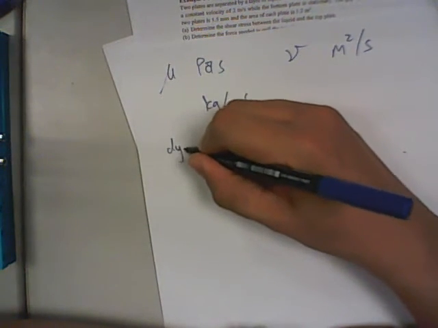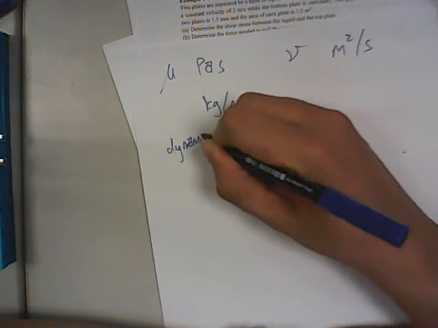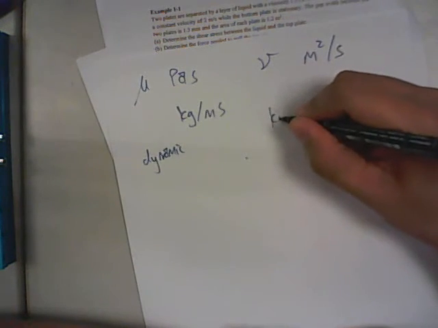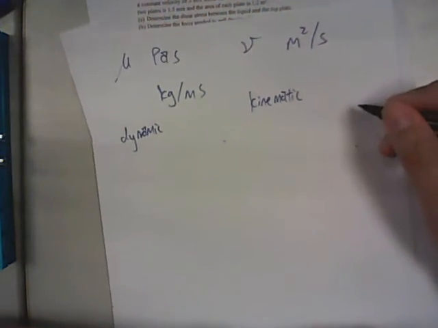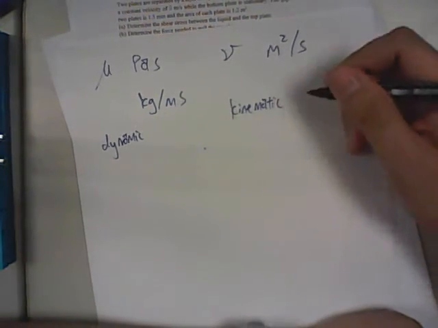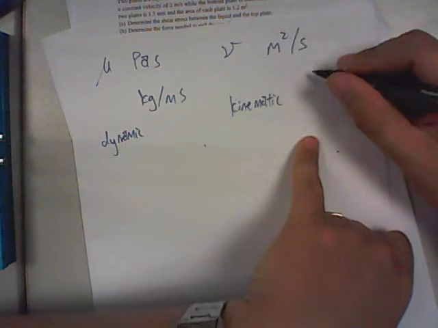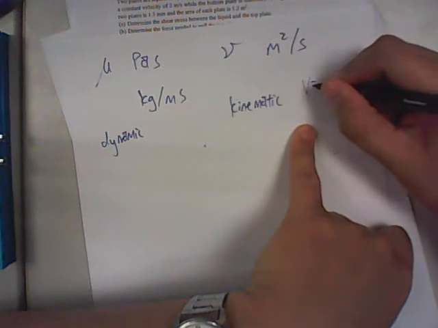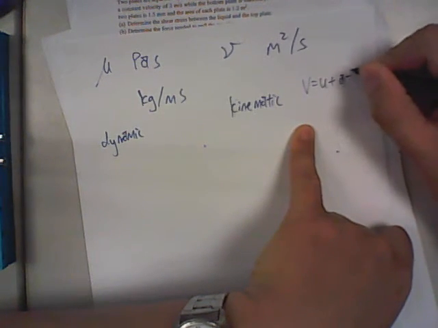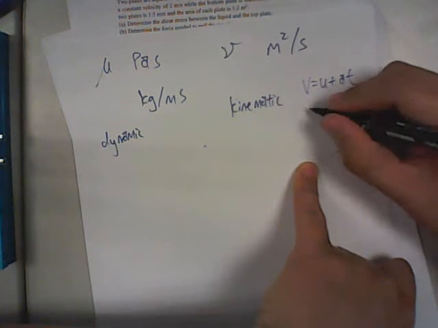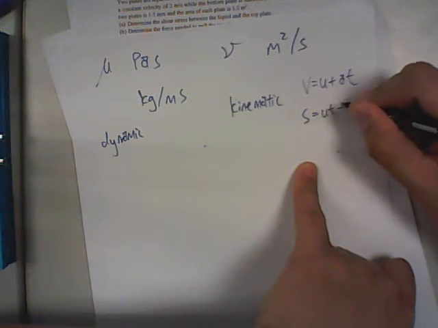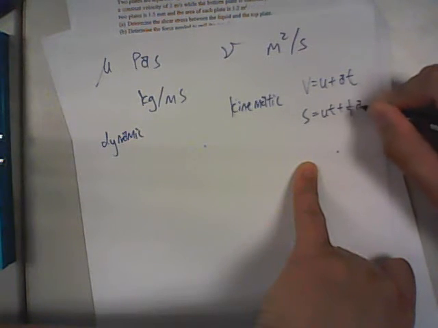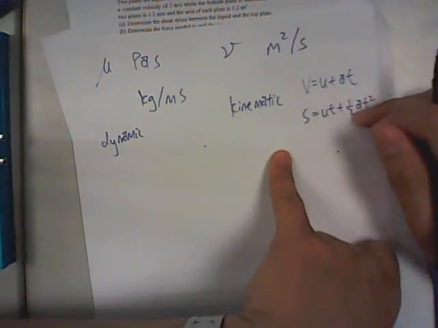Okay, so one interesting fact that I thought you might like to know is the two words, dynamic and kinematic. Okay, some of you may remember formulas like v equals to u plus at, right? And I think s is equals to ut plus half at square or something like that.